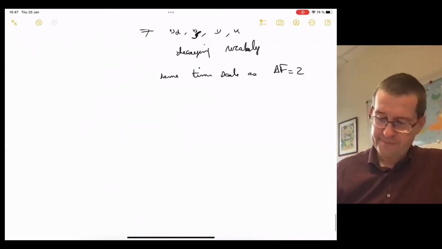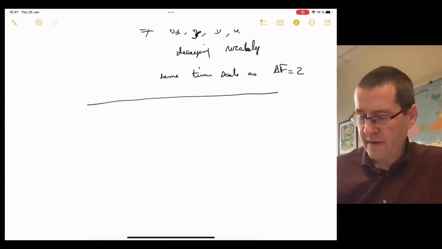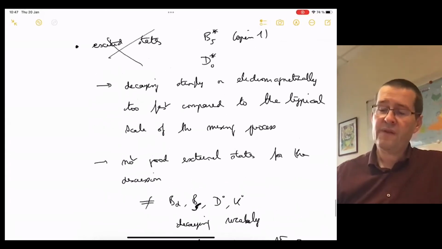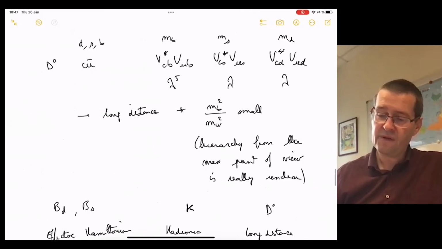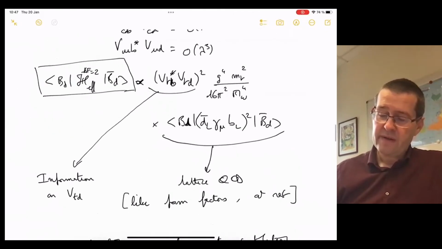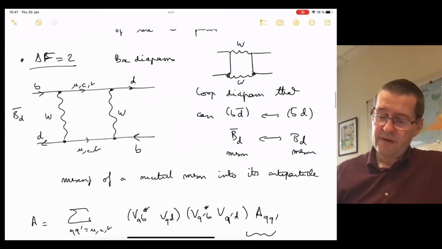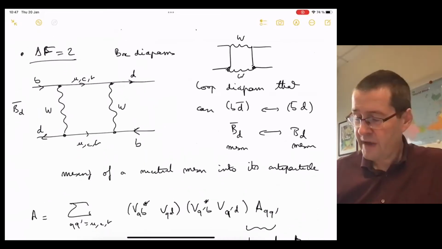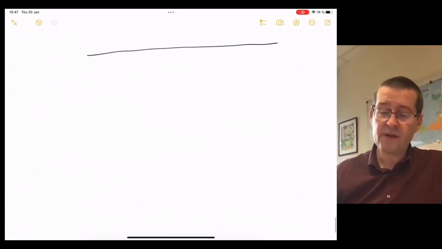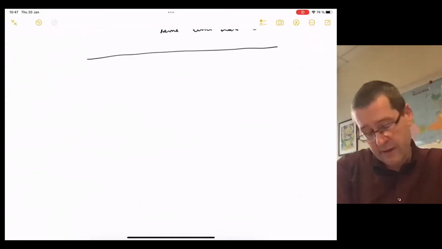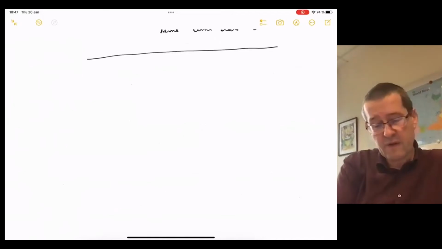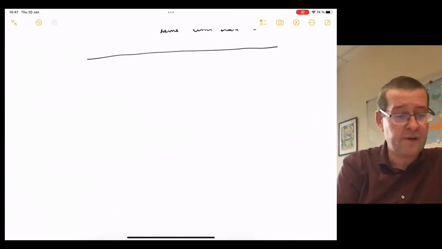Okay, so now that we've got this, since we can have these transitions between a meson and an anti-meson, then you can have oscillations. That means that you can look at the time evolution of your B meson and see whether it turns into a B bar, an anti-meson, or not.